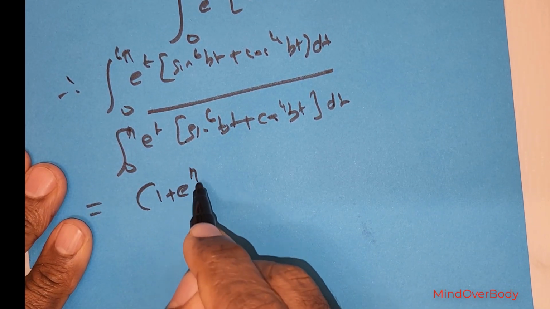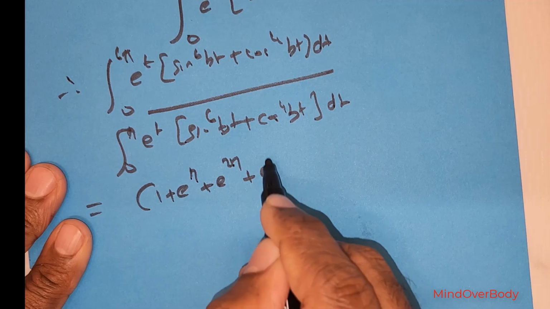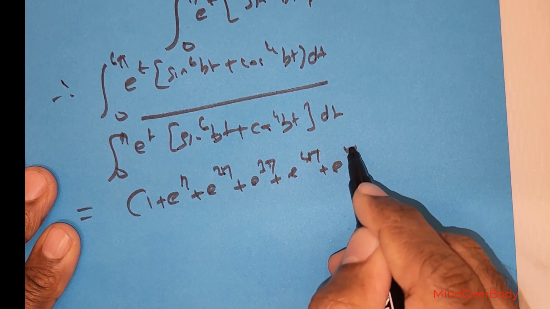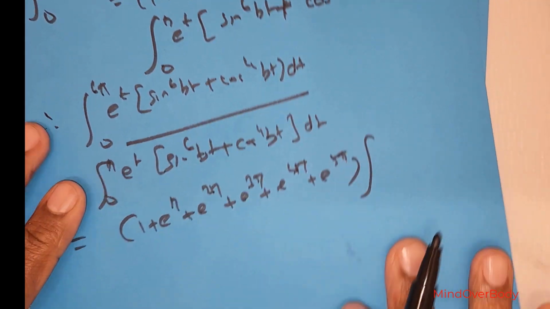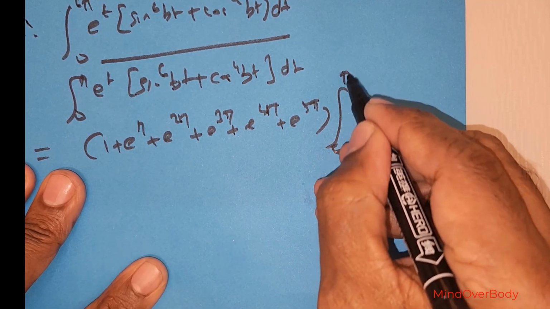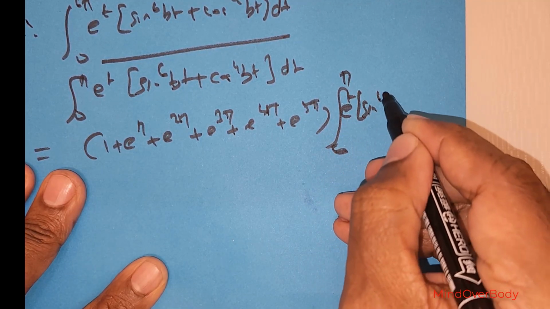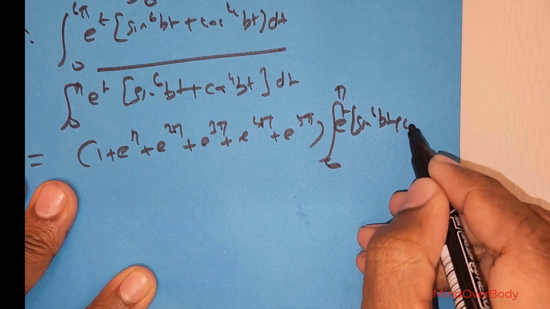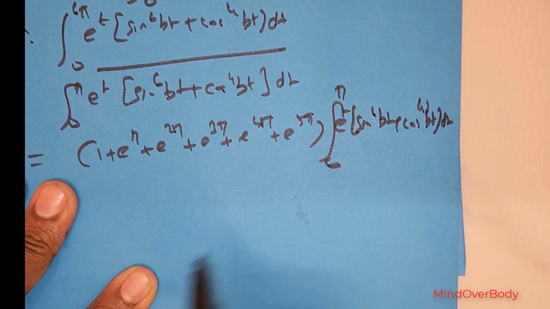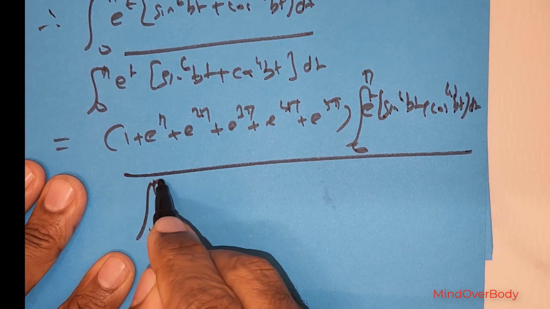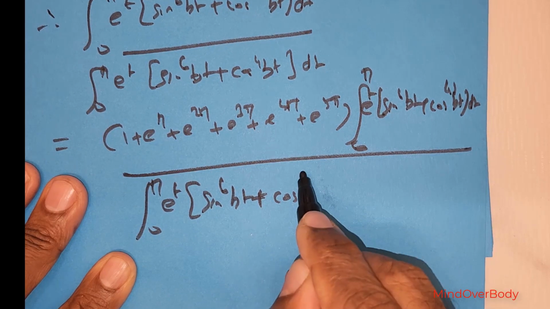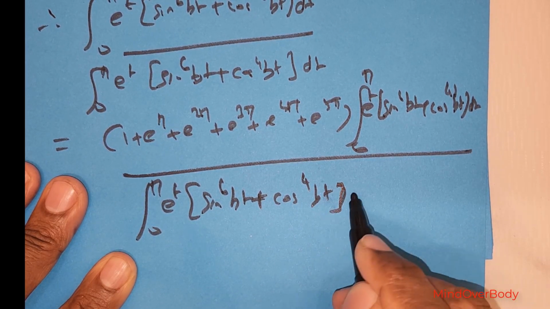So this is 1 positive e raised to the power of pi, e raised to the power of 2 pi, e raised to the power of 3 pi, e raised to the power of 4 pi, e raised to the power of 5 pi times the integral 0 to pi e raised to the power of t sine raised to the power of 6 bt positive cos raised to the power of 4 bt times dt. This is divided by the integral 0 to pi e raised to the power of t sine raised to the power of 6 bt positive cos raised to the power of 4 bt times dt.